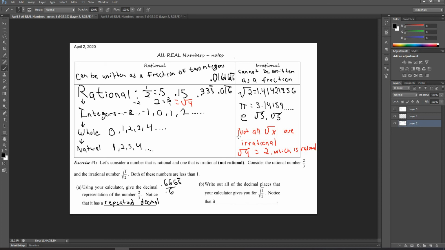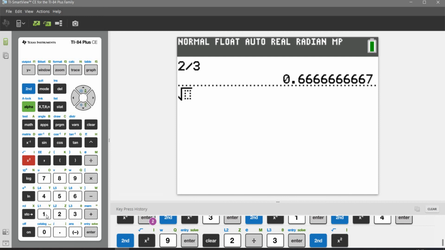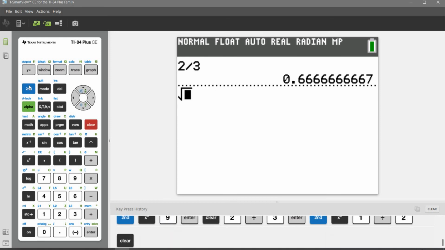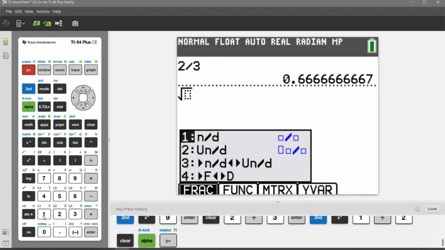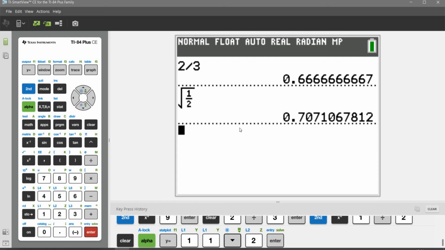But now, let's go look at the square root of a half. 1 divided by 2. Actually, I'm going to do this as the fraction, 1 over 2. Well, this is not really a nice number.